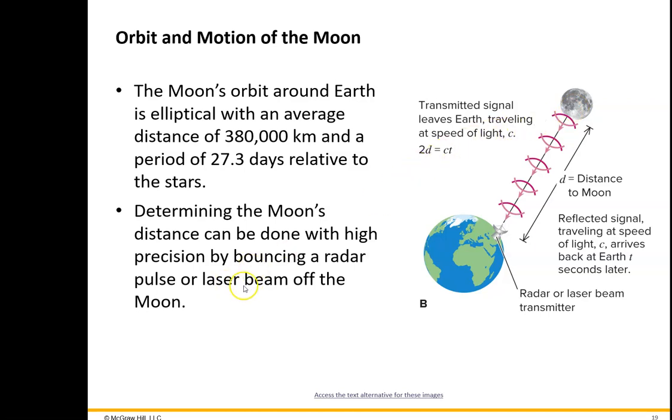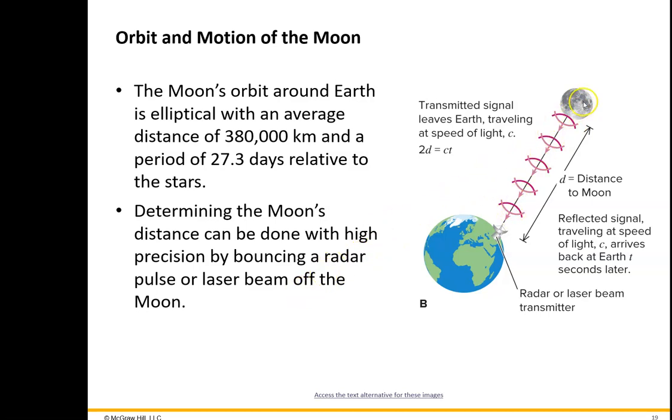Whereas if you use laser light, the time is more accurate. Well, not a little bit, it's very much more accurate, because the wavelength is really, really tiny. And so you can figure out the exact distance to the moon.